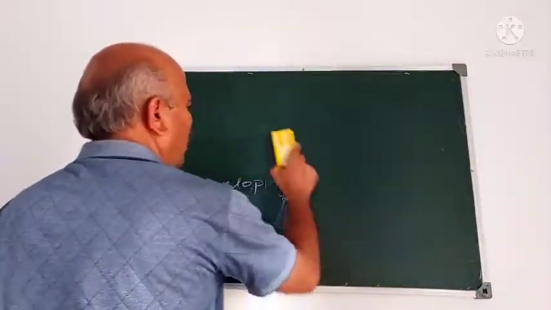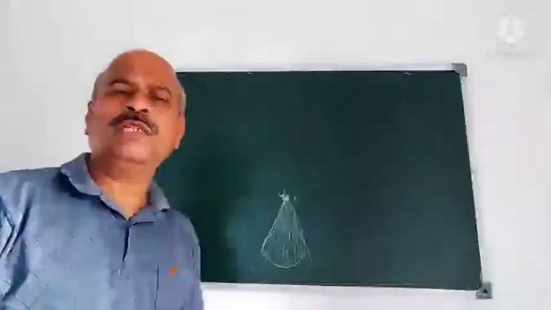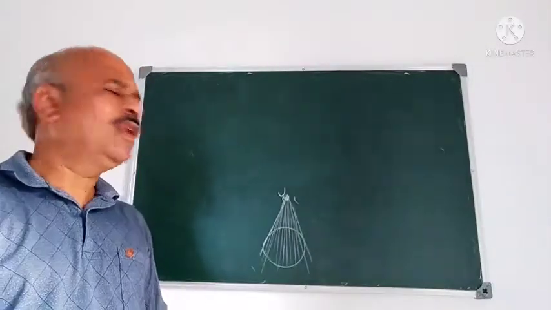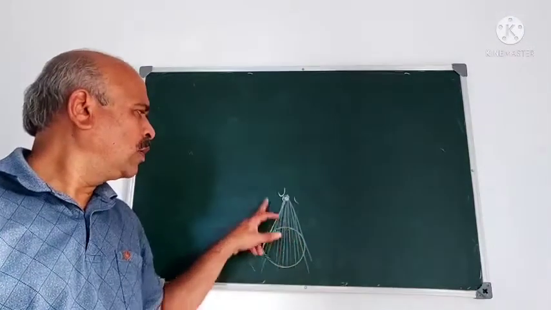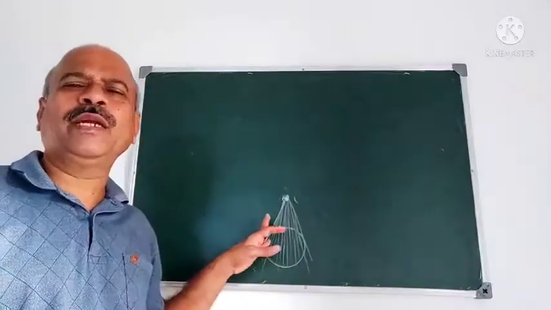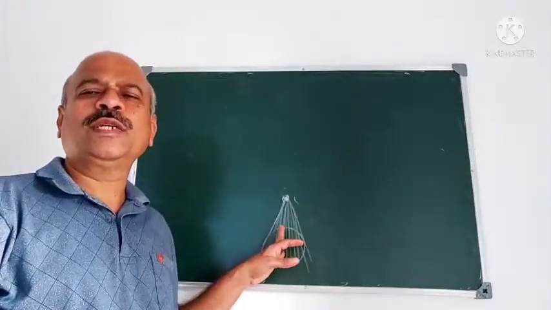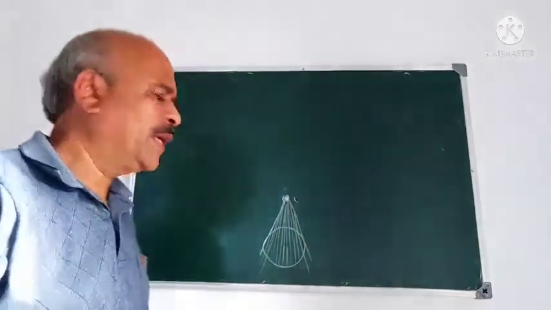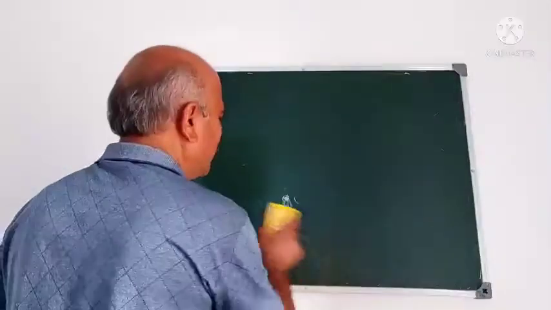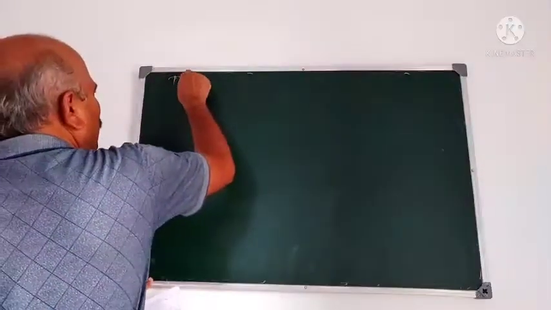Therefore, what is the enveloping cone of a sphere? A definition may be asked. The enveloping cone of a sphere is, we define it like this, the locus of tangents passing through a point to a sphere is a cone, and that is called the enveloping cone of the sphere. Now the problem is to find the equation.